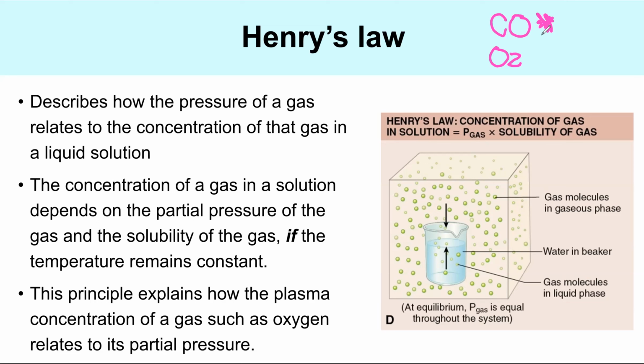So if we are in a situation where there is both carbon monoxide and oxygen available to us, we will find that there will be more carbon monoxide in the blood over oxygen. And that's all about solubility here.